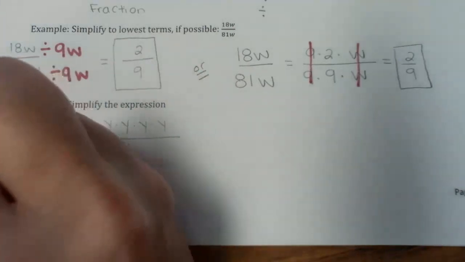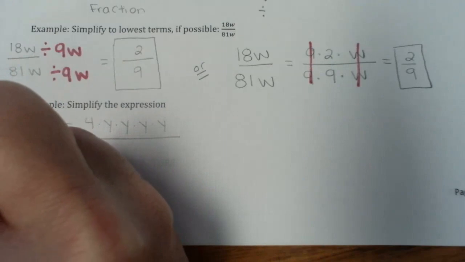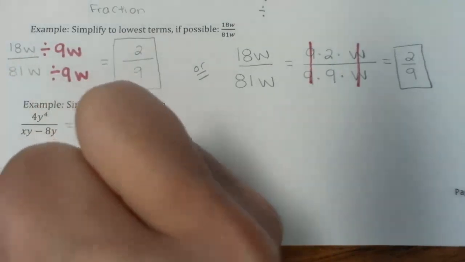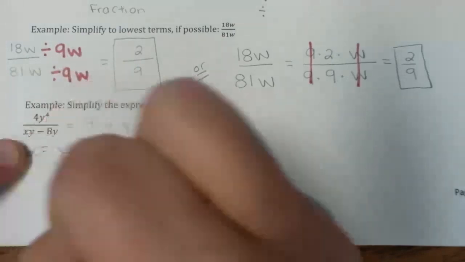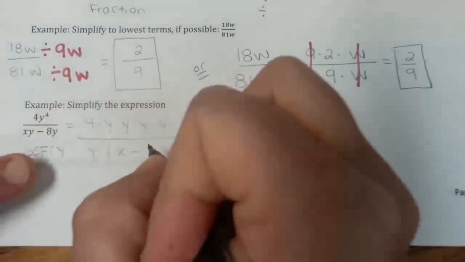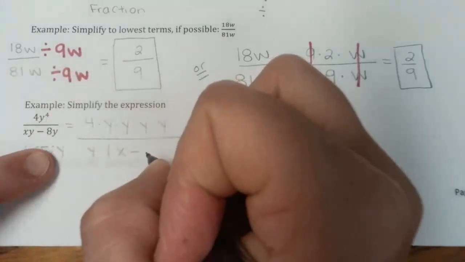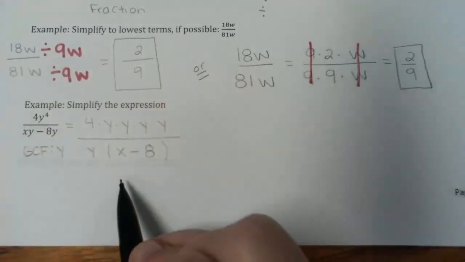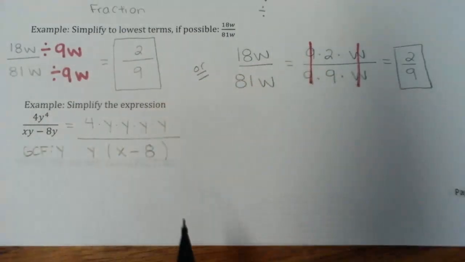So GCF, they both have a y in common. So let's factor or divide out that y. In doing so, taking out the y, we just have x, and taking out the y from the negative 8y, we're just left over with negative 8. So I factored out the y, and we're left over with x minus 8. So now let's see what factors can cancel.